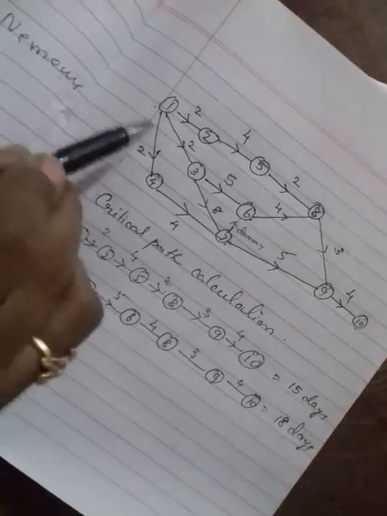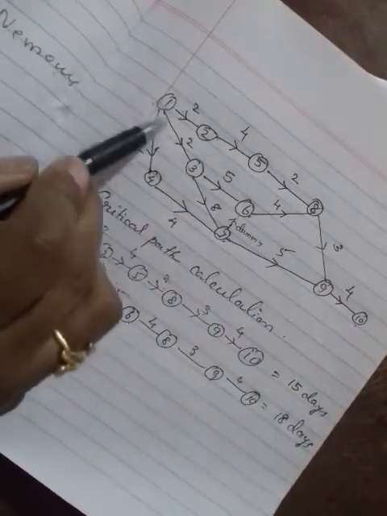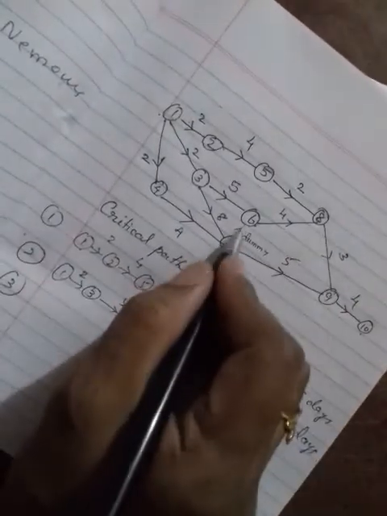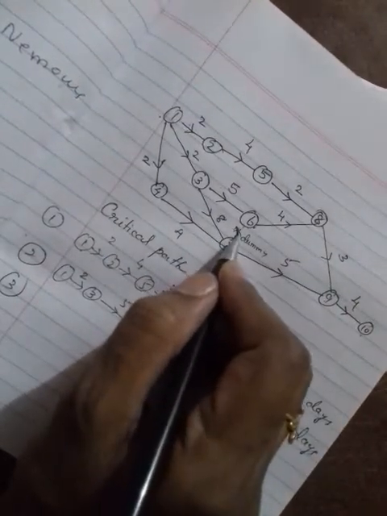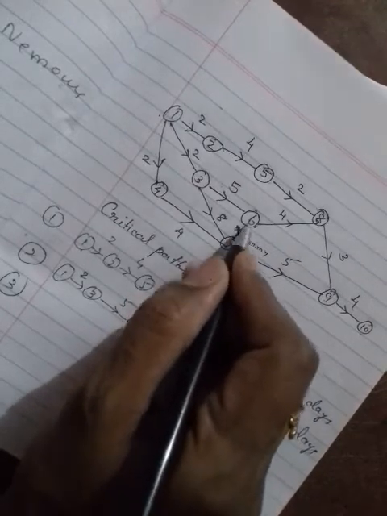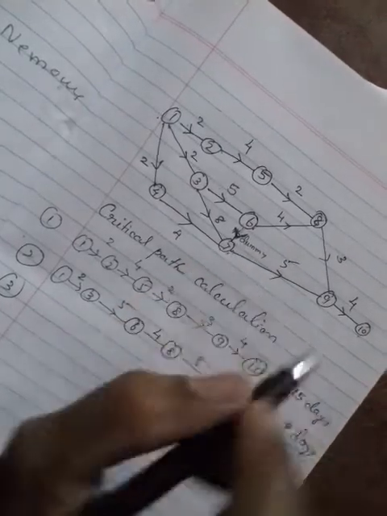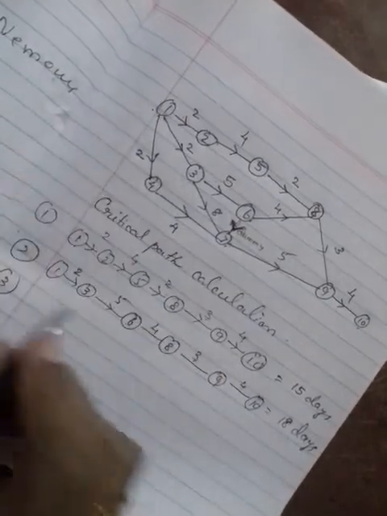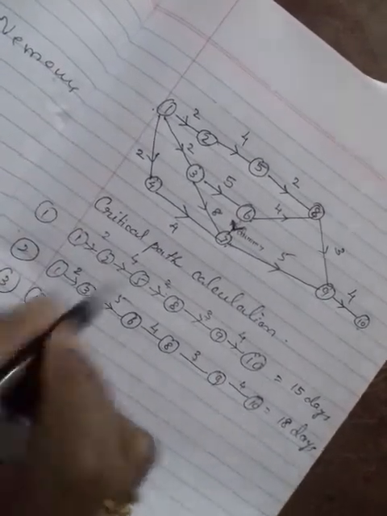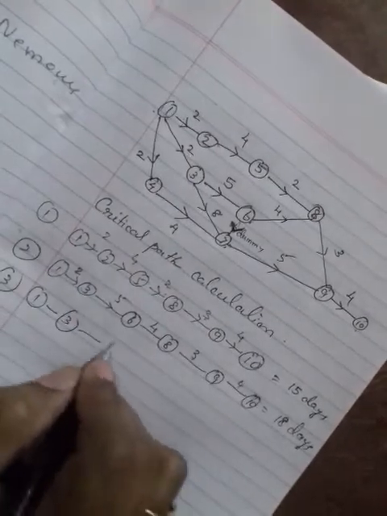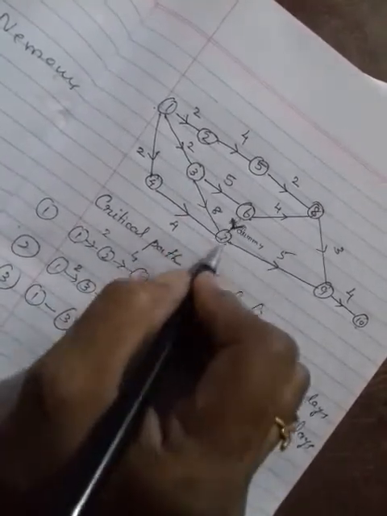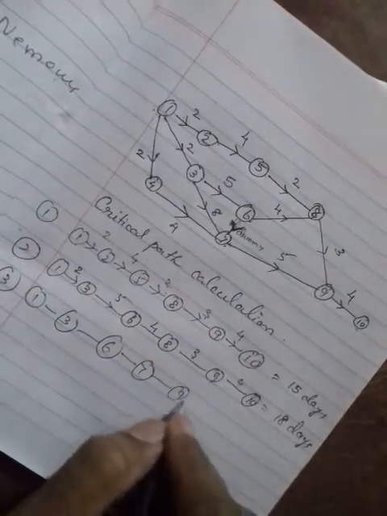And third path, so we took this one. Now we can come down here. See, you have to do this very carefully. Only 6 to 7 is given, so the 6 to 7 arrow should be down. Okay, so you can take it same like this: 1 to 3, 3 to 6 and 6 to 7, 7 to 9.